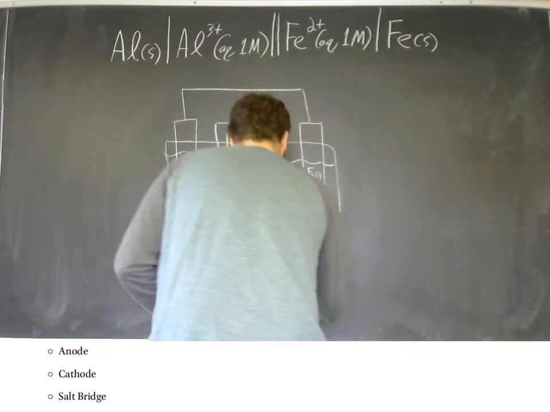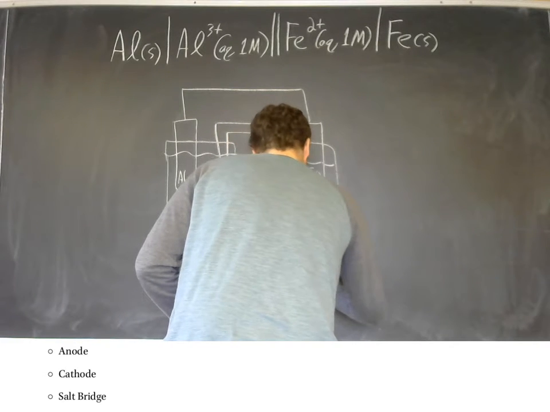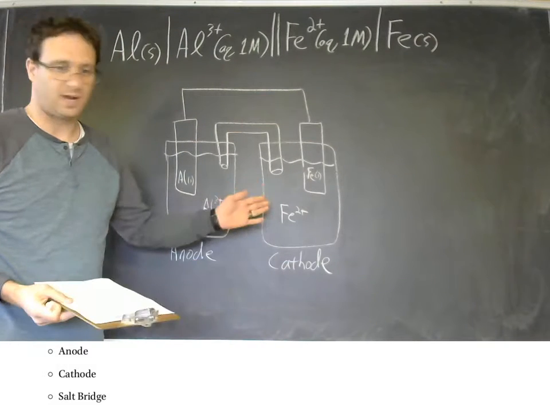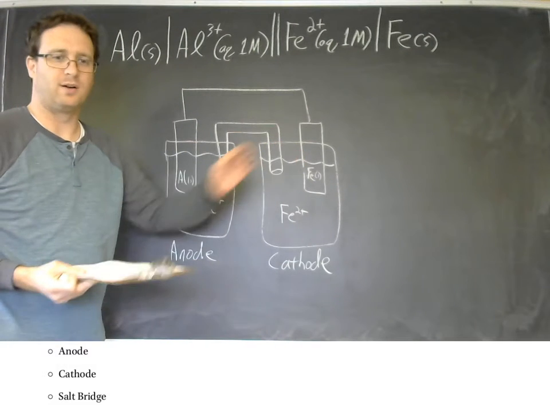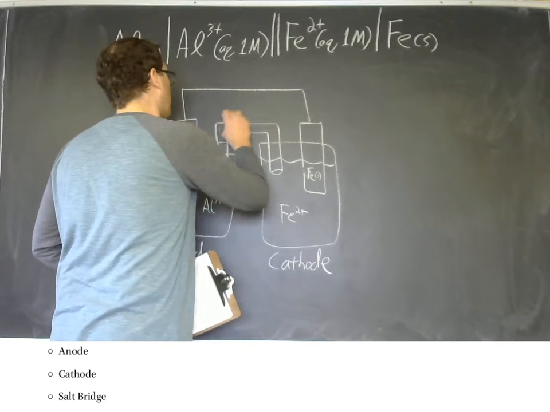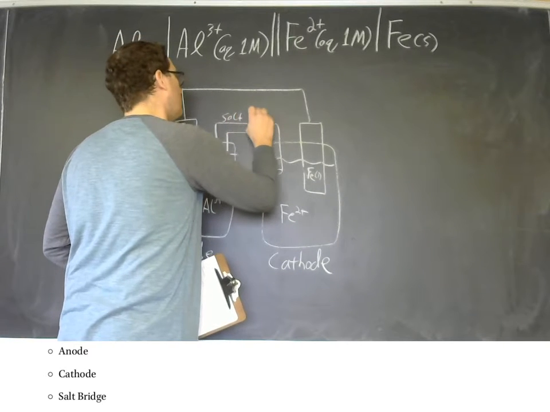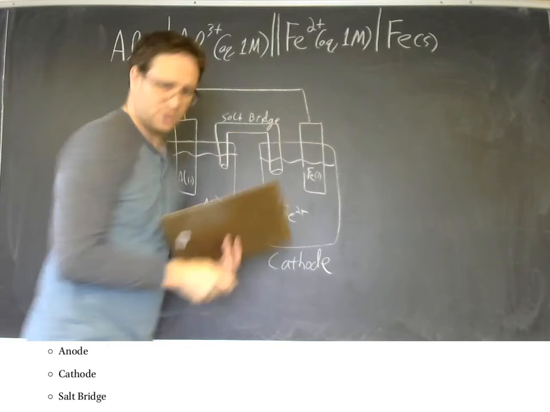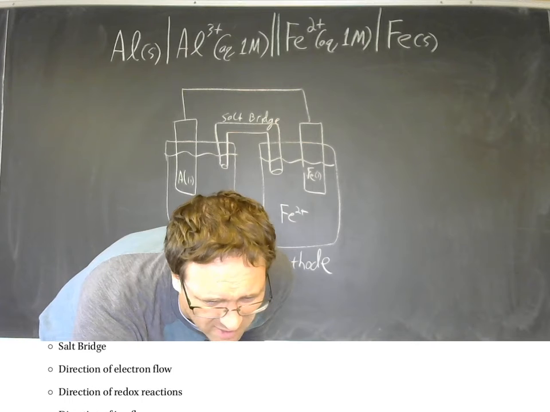And then the cathode. Cathode is the other side, or the solid iron electrode. The salt bridge, so I'll just write it up here, salt bridge. What other things do we need to label?